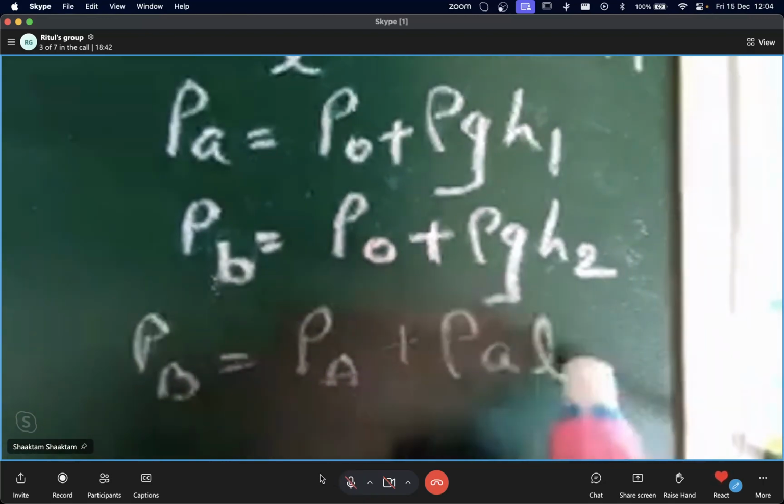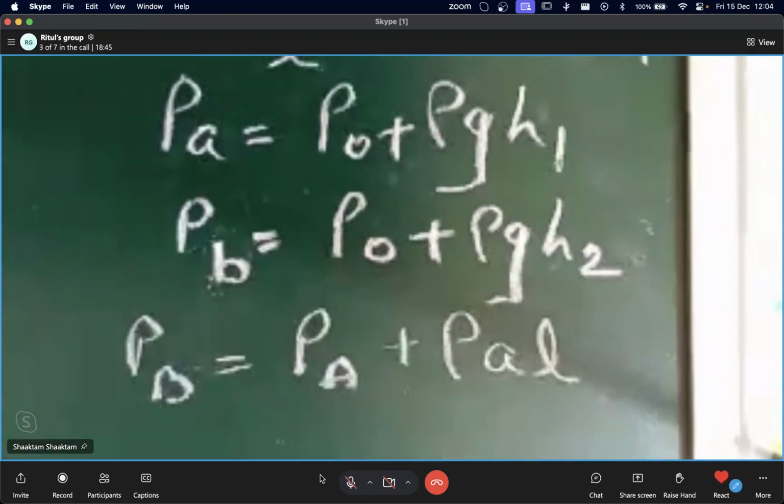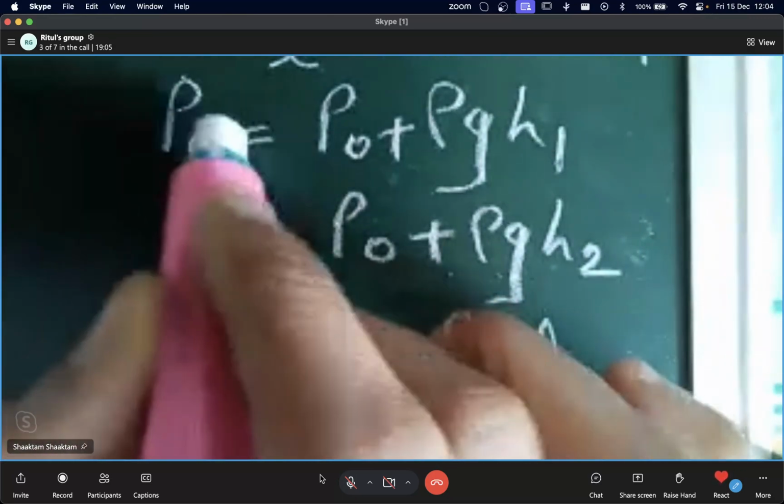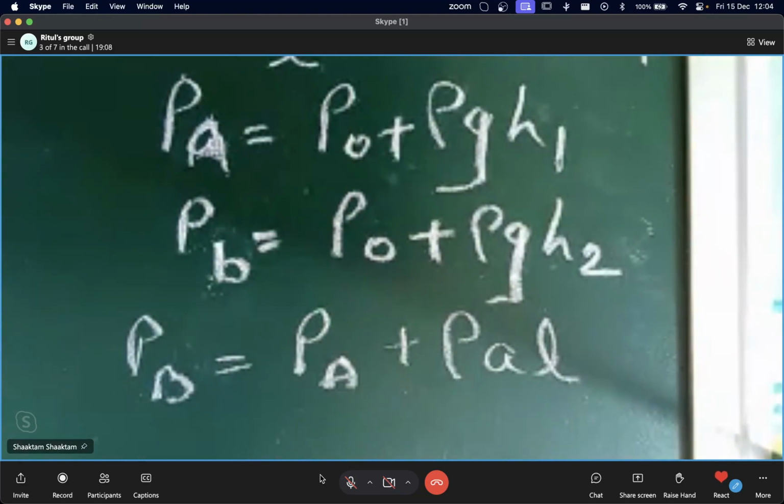Because in the horizontal direction there is no effect of gravity, we being aware of it. Only the acceleration A is visible; the backward force m into A will relate PA with PB the way that we did, right? This is also a capital A, in consonance with the symbolic representation followed. Tell me now, what do we get from here?